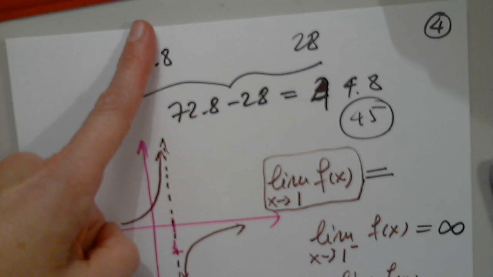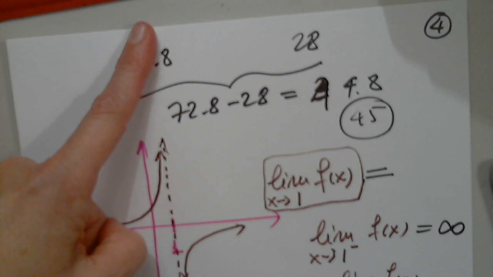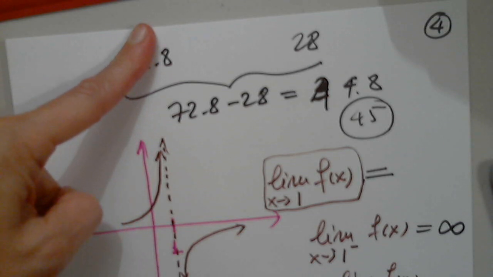Where is the function going? What is the tendency? Either positive infinity or negative infinity. But can I tell you that I have in my bank account positive infinity or negative infinity? What am I having? Where is my bank account approaching? Where is it going?